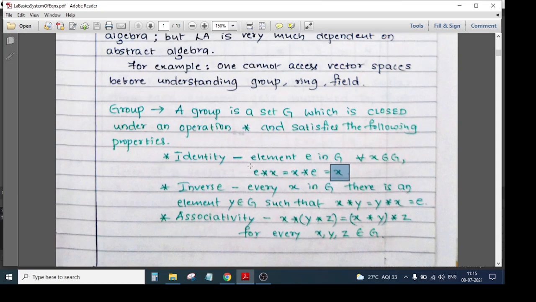If you multiply 5 into 1, what is the answer? 5. If you multiply 10 into 1, what is the answer? 10. Like that. And here inverse is nothing but if you take two elements X and Y and multiply them, then you will be getting the value E. Now where is this E? This E also belongs to the group G. So this is the meaning of your inverse property, the second property.